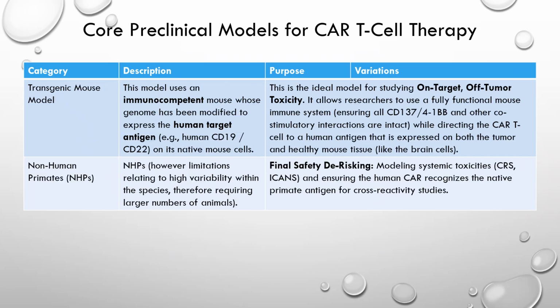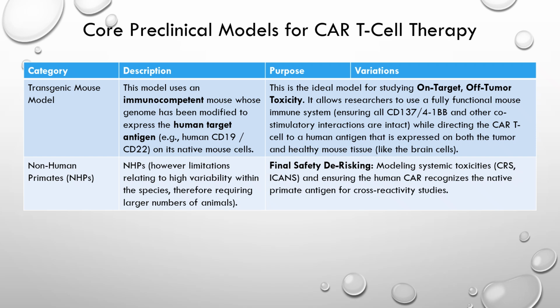The other is the transgenic mouse. So this is the use of an immunocompetent mouse, but in this case, it's been genetically modified to express the human target antigen, so that we can study on-target off-tumor toxicity. So you can look at that interaction with CD137 and other co-stimulatory domains.